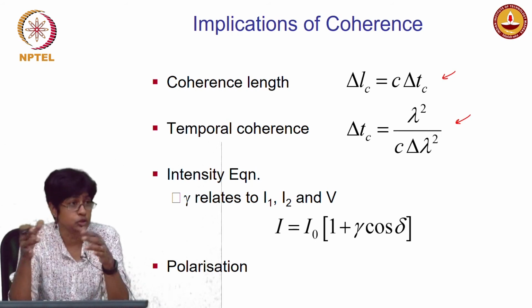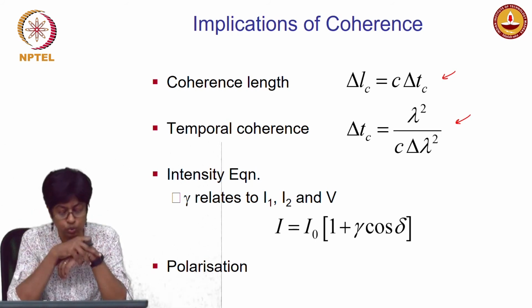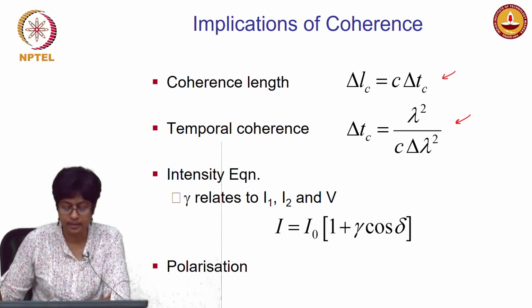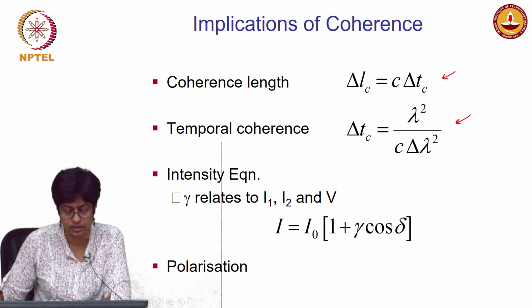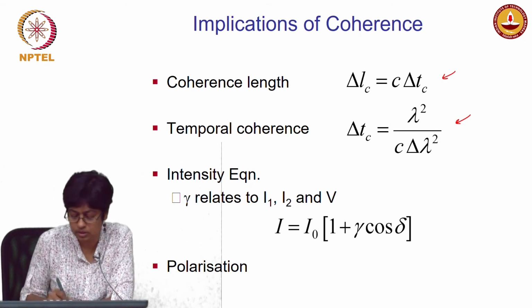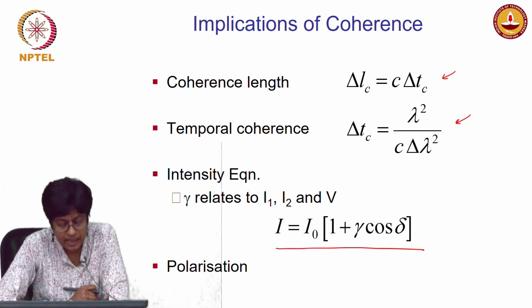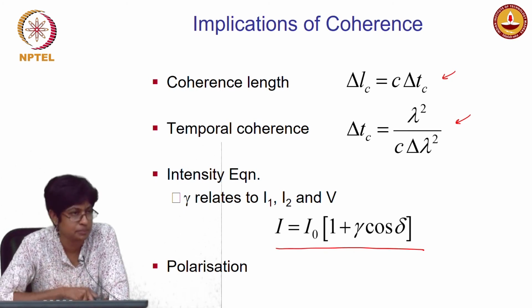And if we take two beams and take the interference of those two beams, and we'll do that derivation now, you will get an interference equation of this kind here. So, this is the equation where you have interfered two beams, and we'll see what each of these parameters mean.